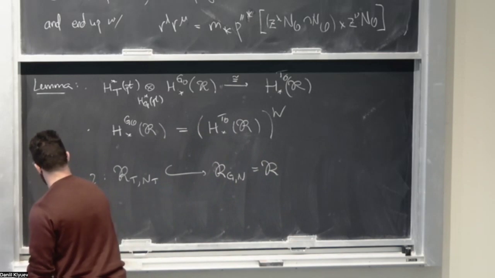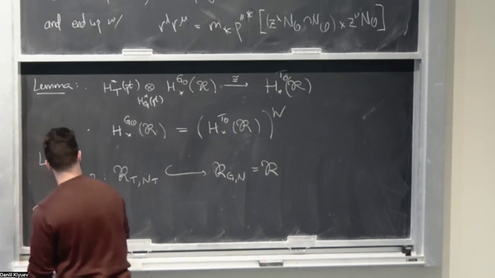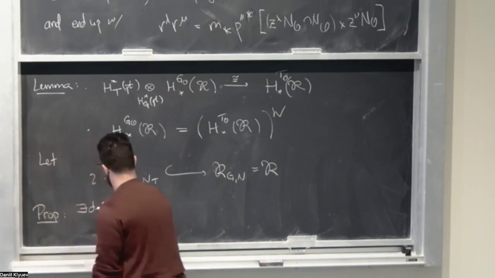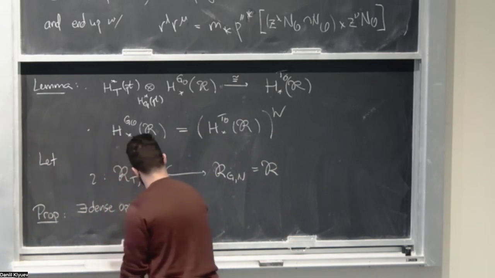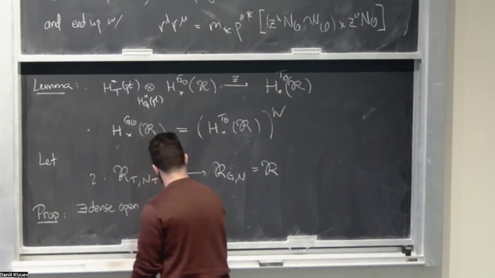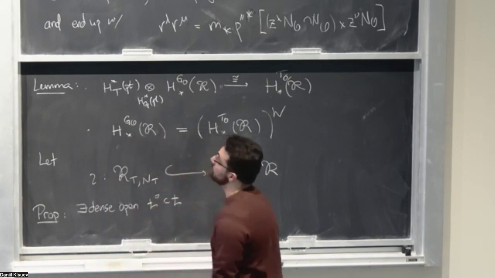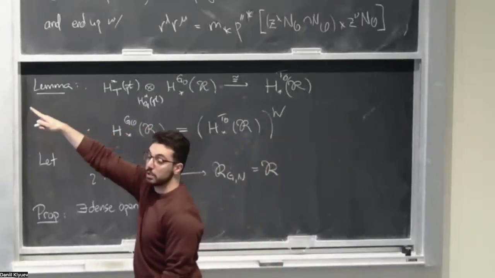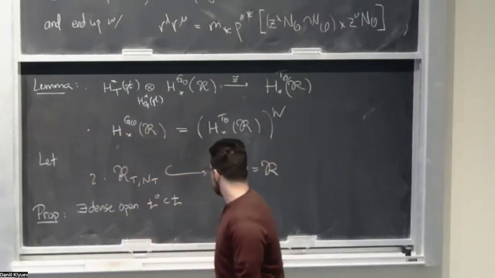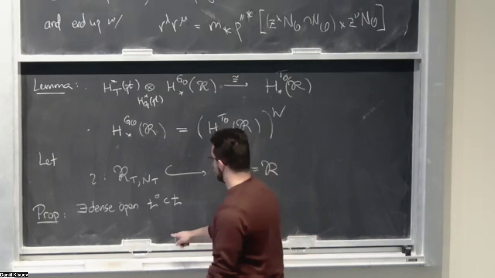Proposition. There exists a dense open subset T0 of T. T mod W is the base of this map from the Coulomb branch down.